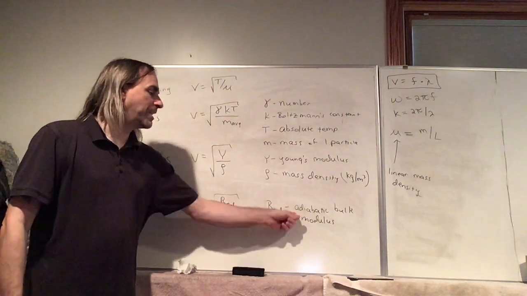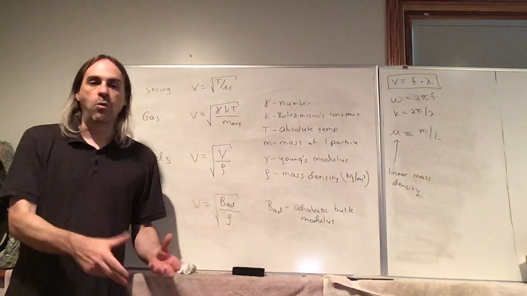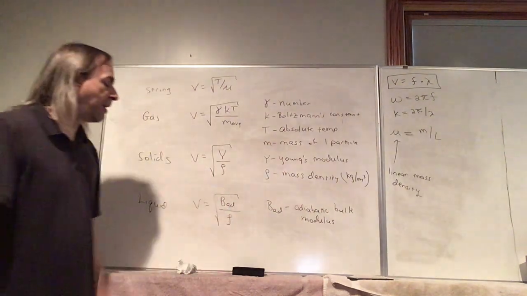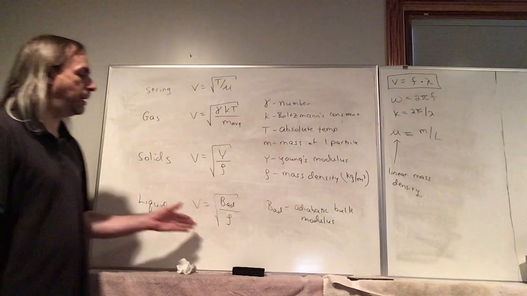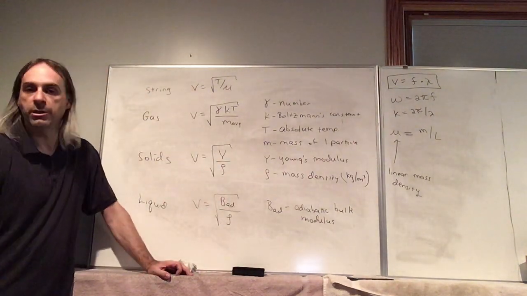And so that's why we use this adiabatic bulk modulus. If we had a very slow wave where you compress things extremely slowly, then we'd get a different result. But a wave propagating in a fluid moves so fast that that just doesn't happen. So we use the adiabatic bulk modulus.